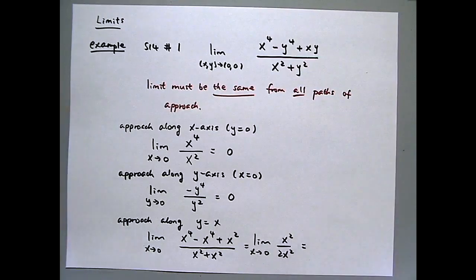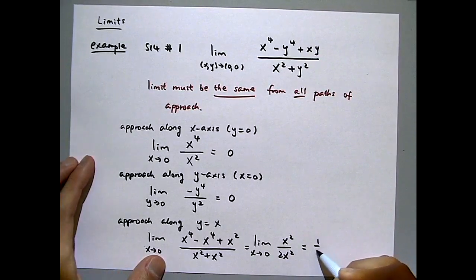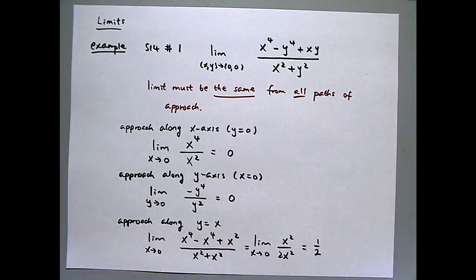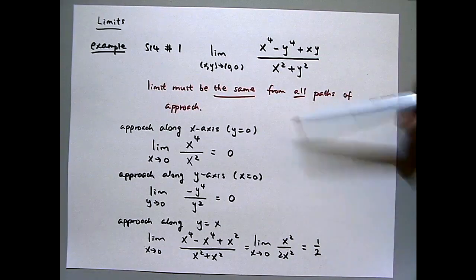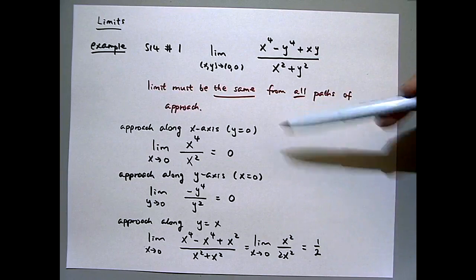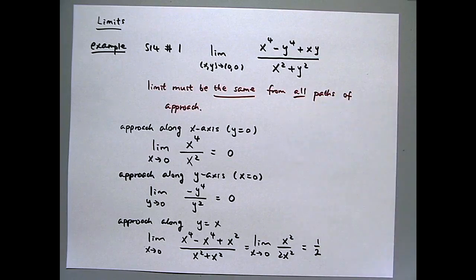So this time the limit turns out to be x squared over 2x squared. This is 1/2. Okay, so we broke it, right? We found at least two paths that give us different limits. Therefore, the limit does not exist.